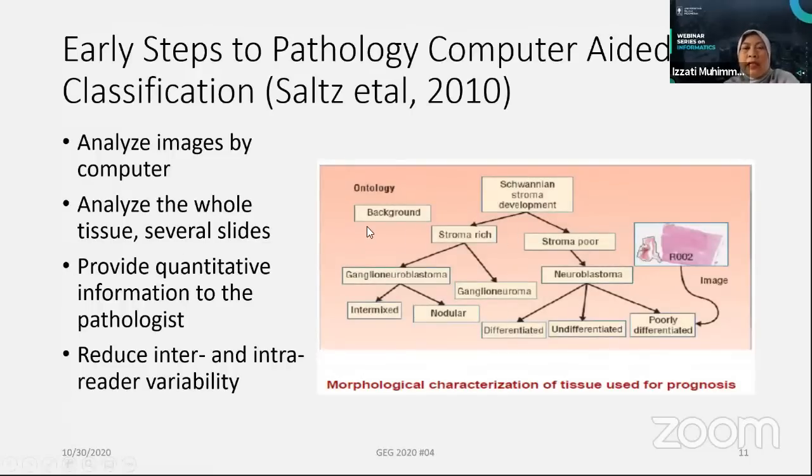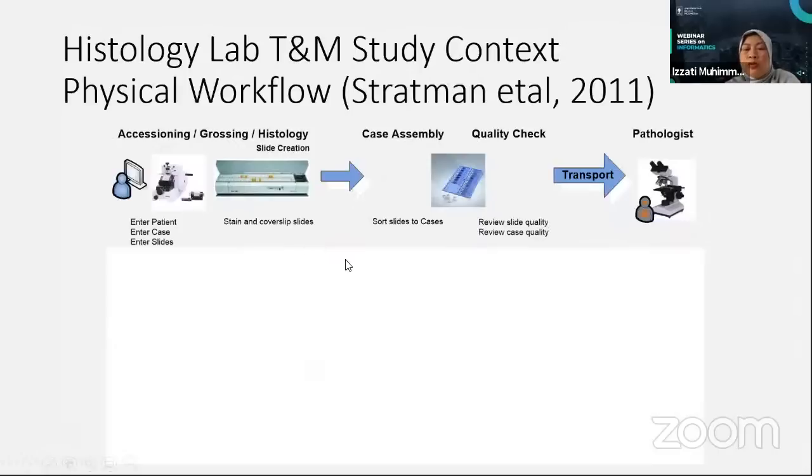Here is the picture. Here is the idea of ontology for a given image. If we have the image here, we can measure the features of the image and then put that into the concepts of the ontology.